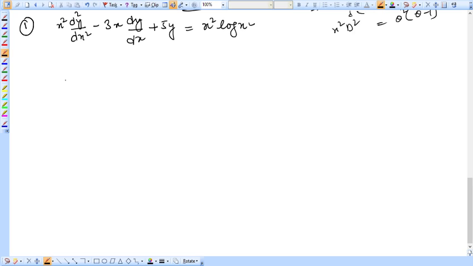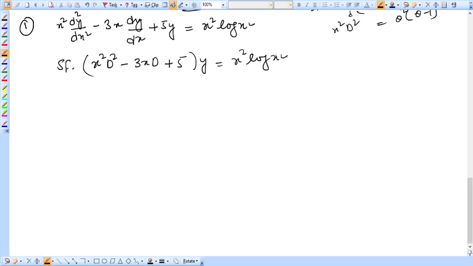Again we can write this equation in symbolic form. The symbolic form is (x square d square minus 3x d plus 5) y equal to x square log x.